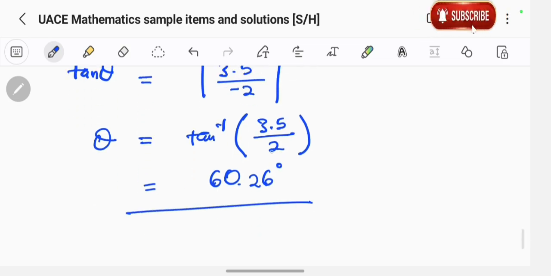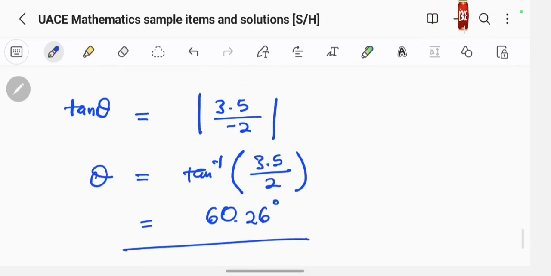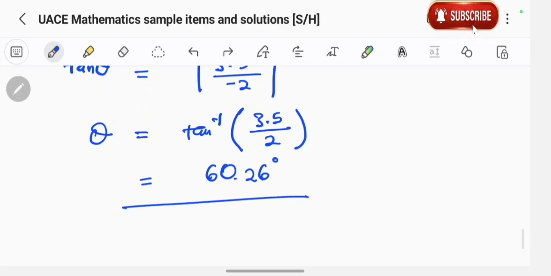Why? I eliminated this negative sign here because it was going to give us negative 60. So I had to remove it. So this is the angle that is formed.